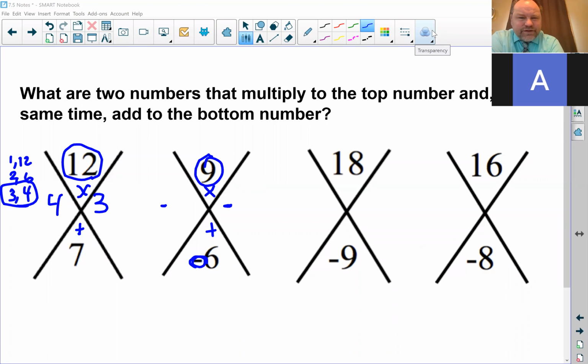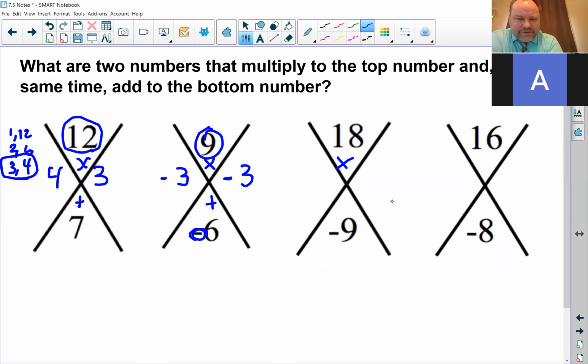Perfect, yeah. In this case, it's -3 and -3. The same number, so obviously it doesn't matter which side we write it on. One of them on one side, one of them on the other.